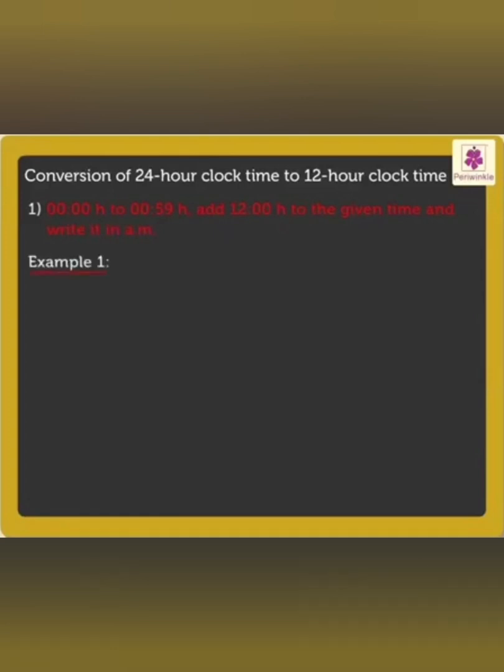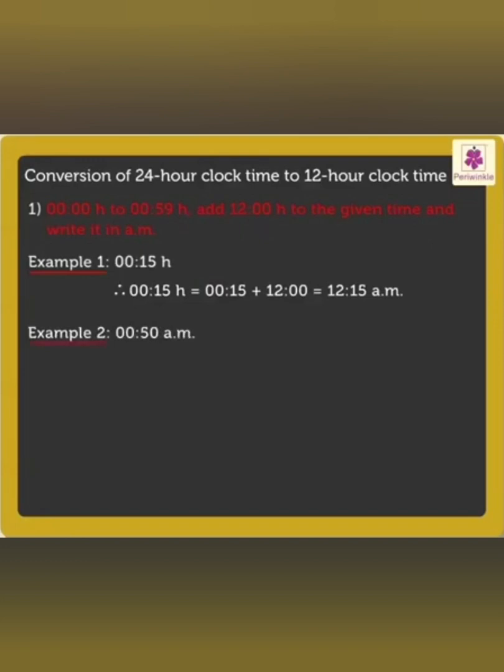For example, if the given time is 15 hours, then add 1200 hours to 15 hours, which makes 12:15 AM. 50 hours will be equal to 50 hours plus 1200 hours is equal to 12:50 AM.